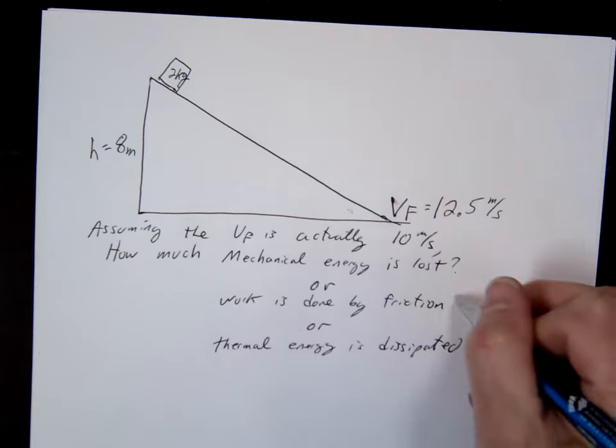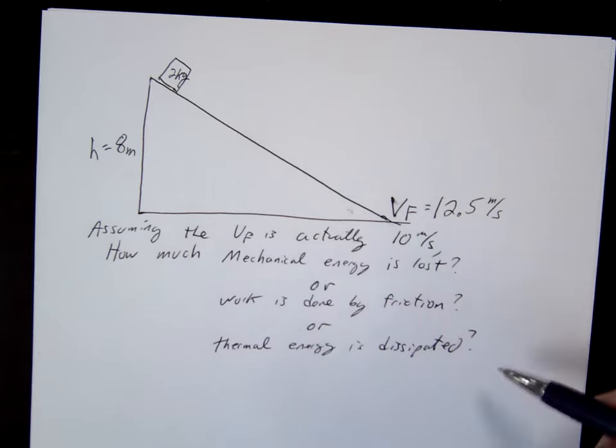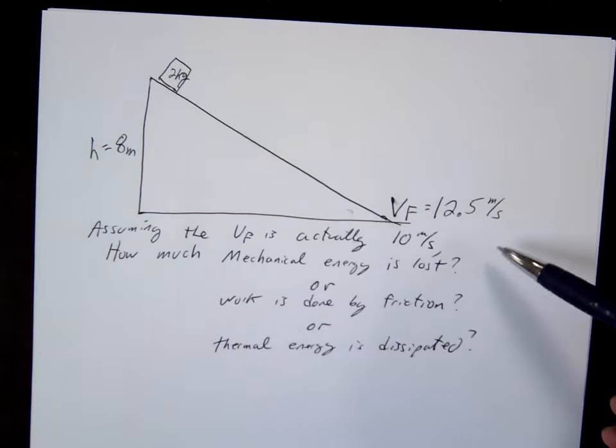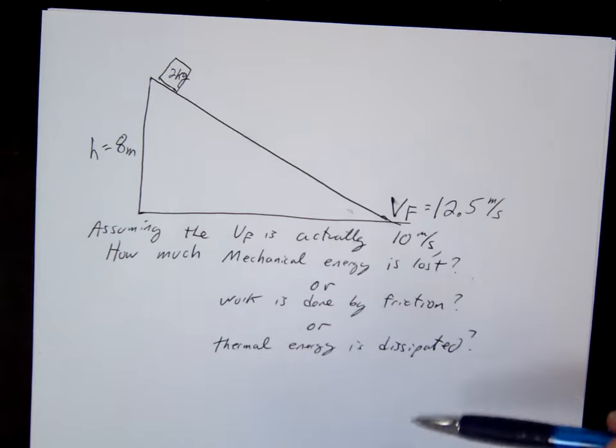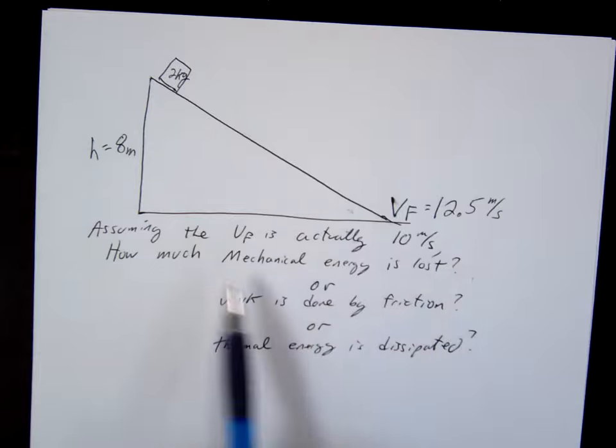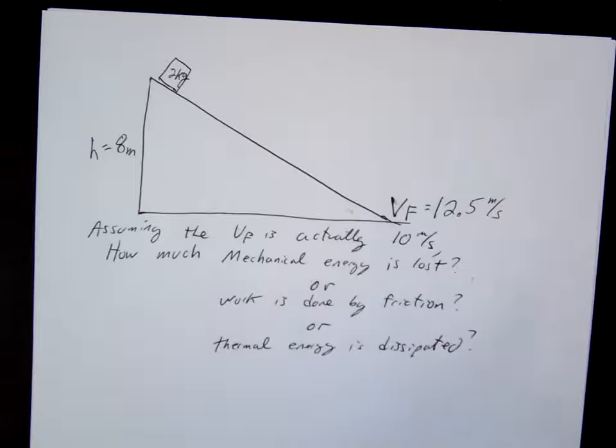I'm asking these three different ways because you'll see it in these three different ways, or something similar, where they either ask how much energy is lost, how much work was done by friction, or how much thermal energy is dissipated. Okay, but they're asking for the same exact thing in all these cases.